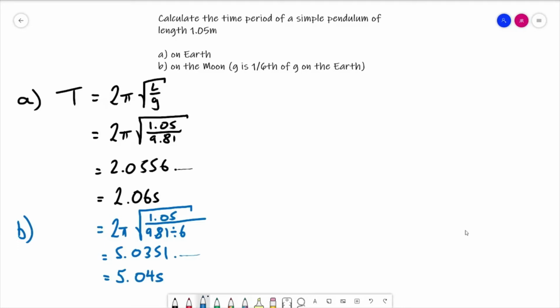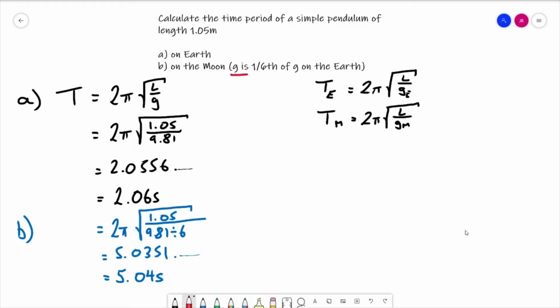But let me just show you a little trick that we can use, which is probably more of a long-winded way of doing it for this question, but it's a perfect question to show you how we can do that. Now firstly, if we say that the time period on the Earth is 2 pi root L over g on the Earth, and we also say that the time period on the Moon is equal to 2 pi root L over g on the Moon.